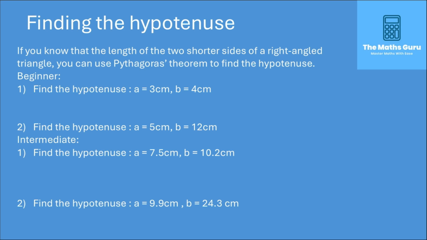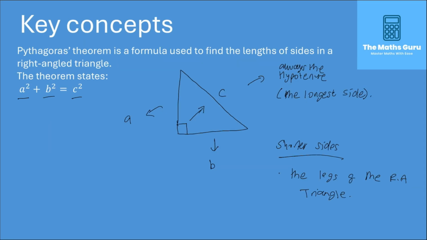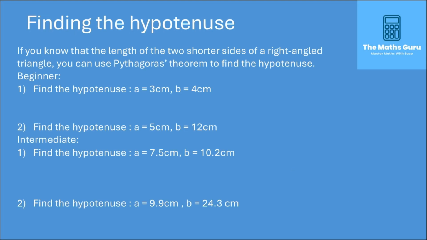To find the hypotenuse, we can use our knowledge of the length of the two shorter sides and use Pythagoras' theorem. Our formula stated that a squared plus b squared is equal to c squared, and we remember that c is always the hypotenuse, and for a and b it does not matter in which order we arrange them.